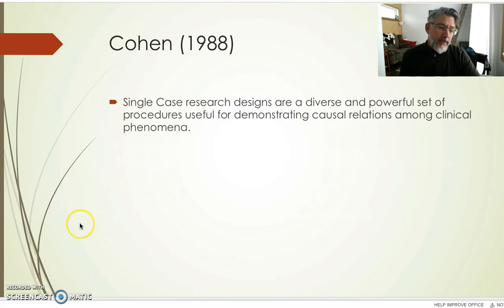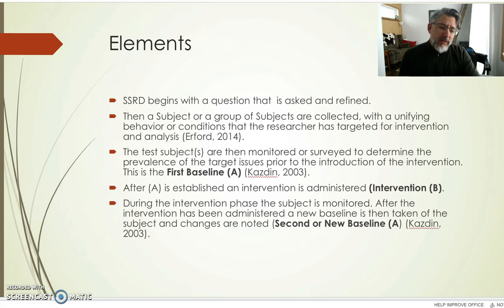Some of the elements that are involved in SSRD: it begins with a question, of course, like most research design processes do. You take that question and refine it down so as to be able to isolate a subject or a group of subjects that are then selected with a unifying behavior or condition. These are elements of the question that the researchers targeted for intervention and analysis.